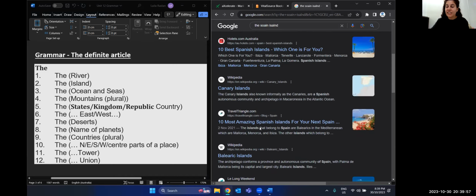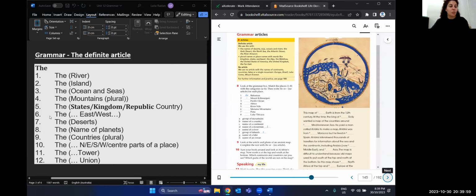So any islands, you need to say the. When you have oceans and seas, you need to say the. For example, the Mediterranean Sea, the Atlantic Ocean, the Indian Ocean. You can't just say Indian Ocean. The Indian Ocean, the Mediterranean Sea.